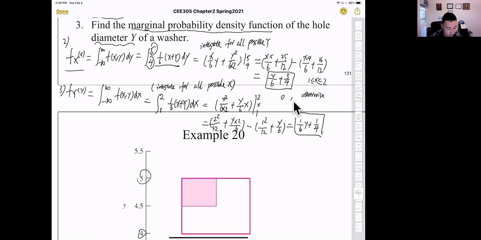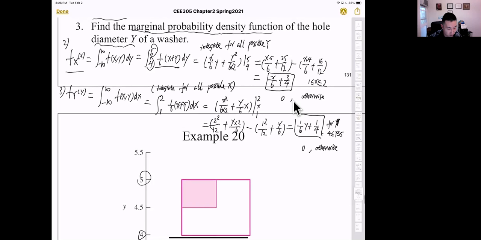Don't forget the range: this is for y between 4 and 5, and we also should write 0 otherwise. All right, so this is the marginal function.